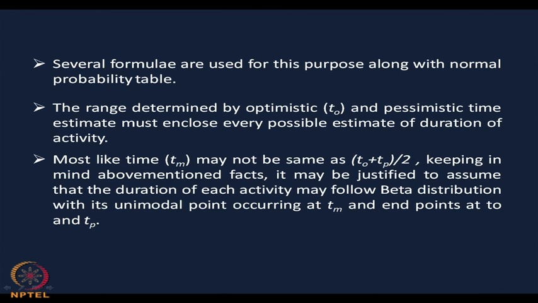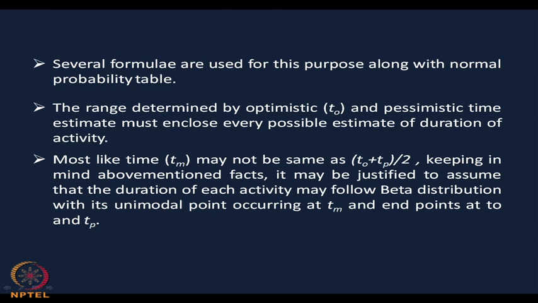The next one is the most likely time T m. It usually may not be the same as the midpoint of T 0 and T p, that is T 0 plus T p by 2. Please note this: the most likely time may deviate slightly from the midpoint T 0 plus T p by 2.